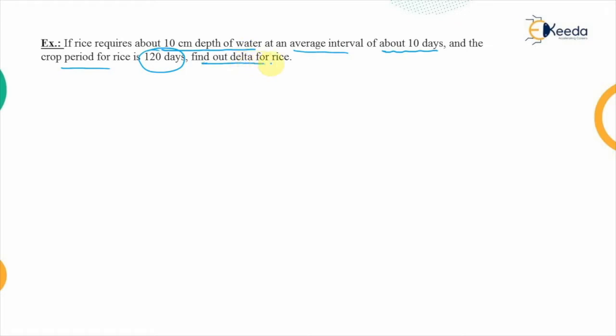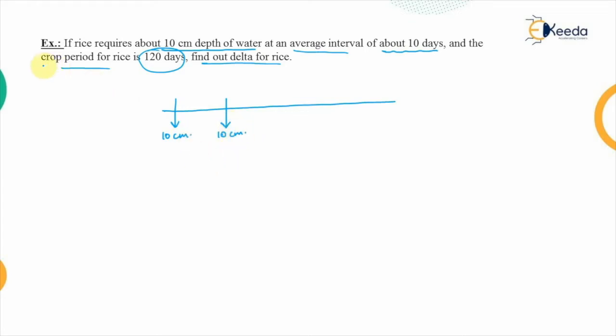Find out the delta for the rice. So what data the question is giving us is that, if this is the time scale of the crop, the rice crop requires 10 centimeter of water, then after 10 days it will be consumed and again it will require 10 centimeter of water.